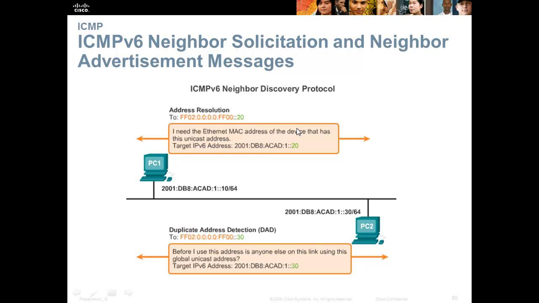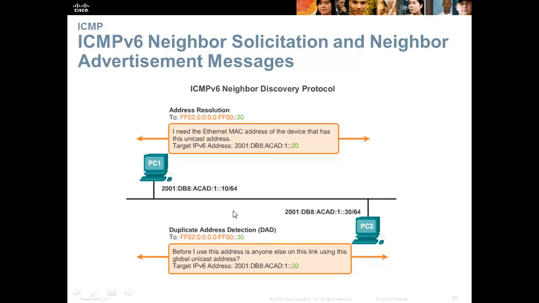So notice that this particular message here is being sent to a multicast, and we know that because it starts off with FF02. And then in reply to this message, the device that has the address of 2001:DB8:ACAD:1::20 would send out a neighbor advertisement message saying this is my MAC address.